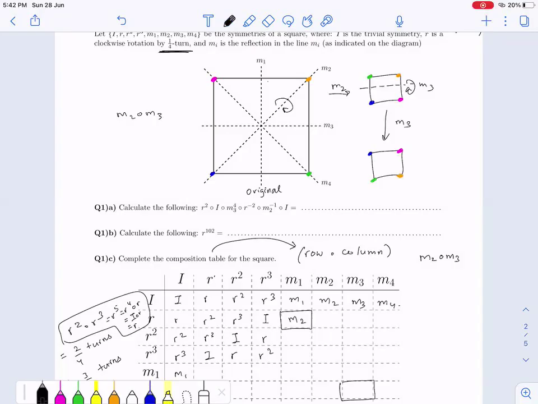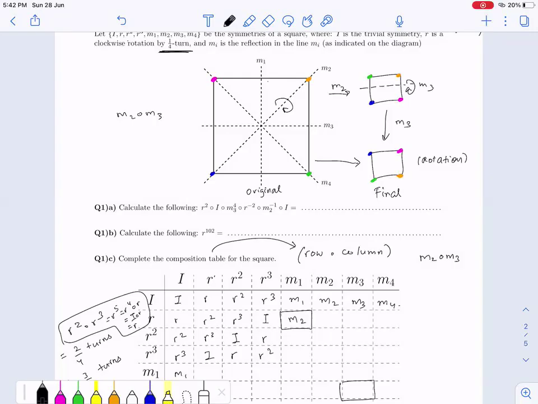Now a reflection followed by a reflection should be a rotation. So this is your final figure, and let's see how we can go from this original figure to our final figure in one step, in one rotation.